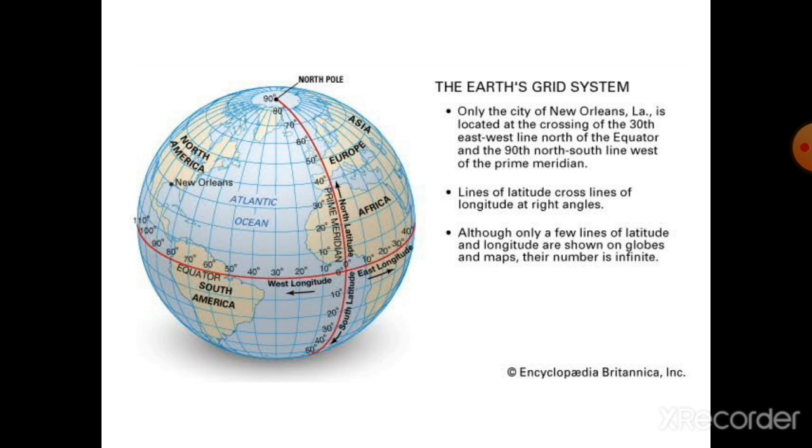There can be n number of lines, but for marking the major or very famous areas, we use these latitudes and longitudes, the parallels and the meridians, for marking any particular place on the globe, on the earth.